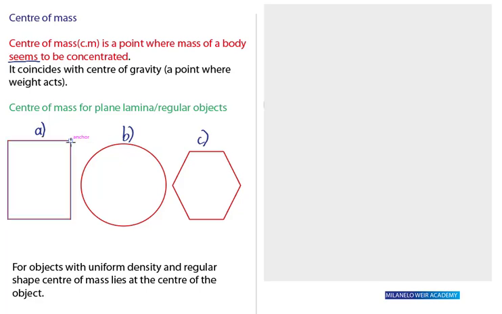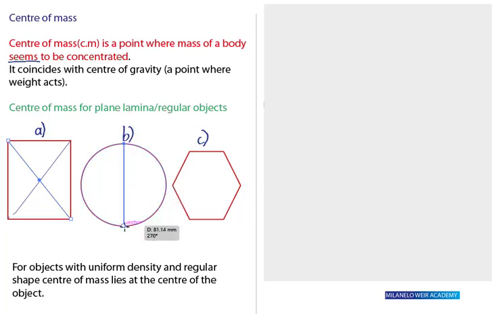If I draw a line from this point all the way to this point, then another one from this corner to this corner, yes. Then for this one I have to draw a diameter. A diameter is a line which passes through the center, right?